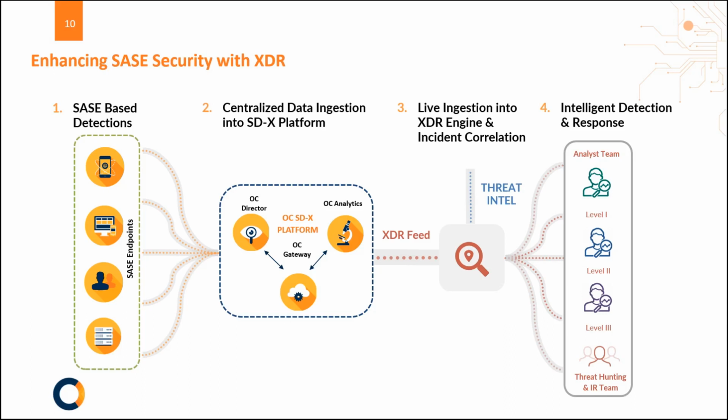But then an intelligent team, which includes the L1, L2, and L3, the traditional teams of a security operations center, and a threat hunting team who are looking at threats in real time, traversing the network, so that we can provide a secure enterprise by using modern technologies, that is SASE, using XDR, which is a data lake based platform, and of course an intelligent security operations team who can analyze threats in real time and give recommendations to customers and even respond to threats. That's why we call it detection and response.